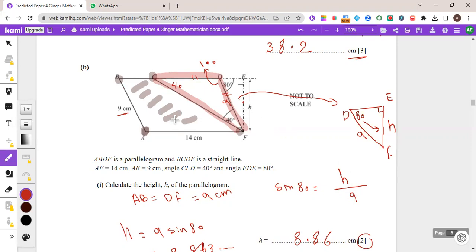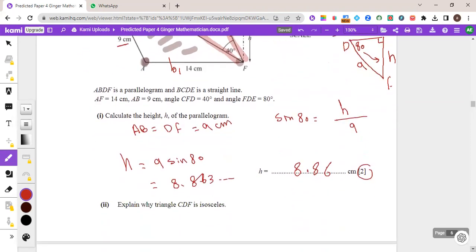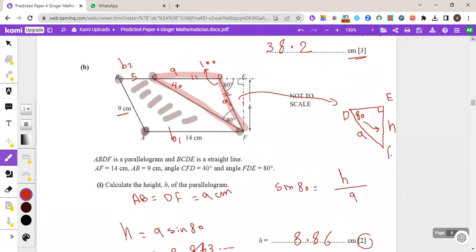What is the base one? 14. The second one is 14 minus 9, which is 5. So b is 5. Why isn't it Pythagoras theorem? We just subtracted because I know that this triangle is isosceles.